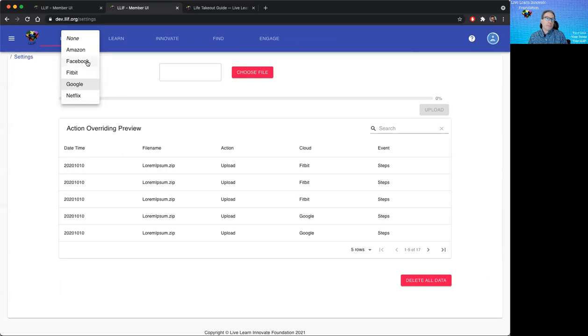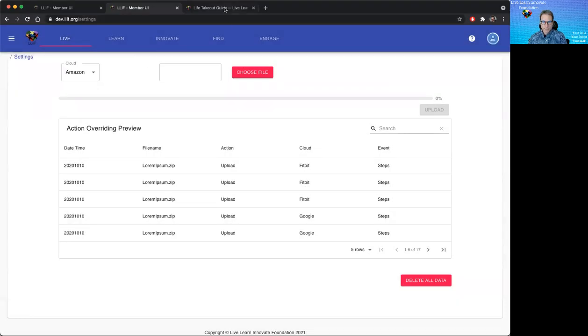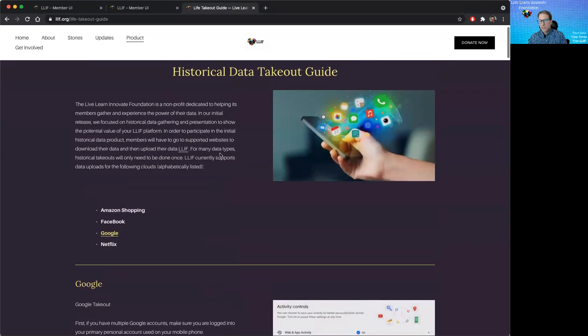So, you're able to go into here, click choose file, go in, grab the file. I think, yeah, this one here is the way Netflix comes out. And to go get your files, you go to LLIF, Life Takeout Guide, and we have instructions here to get you started.